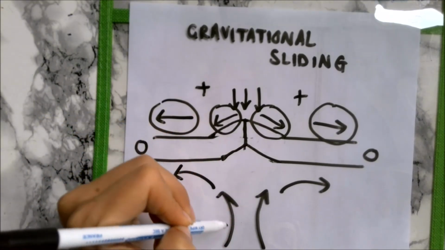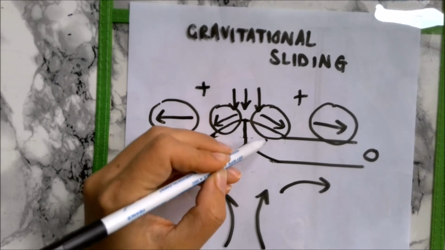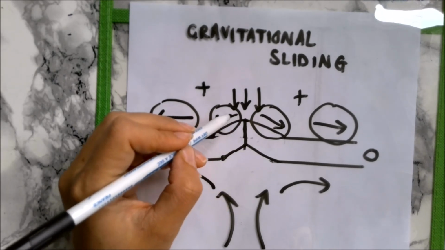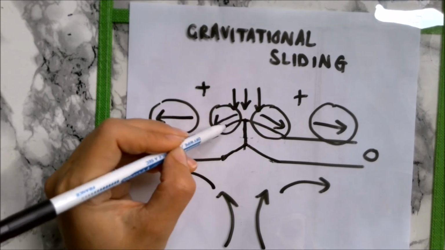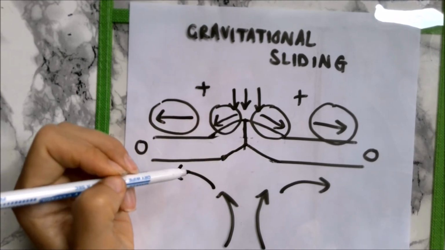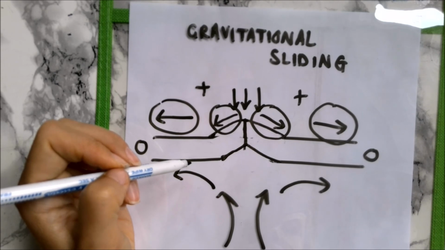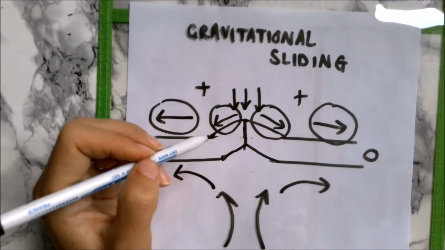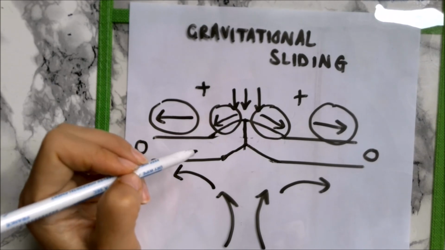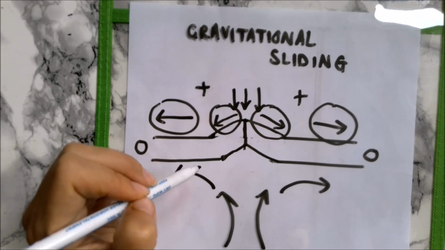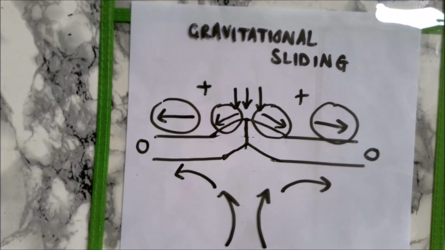Because these convection currents are pushing this part of the plates upwards, it's creating a gravitational force on this section which is pulling it downhill and away from that plate boundary. Like I said, it's really important we understand that for rift valley formation, but I will discuss that in another video. So I hope that has helped you.